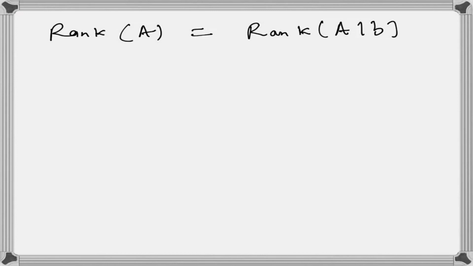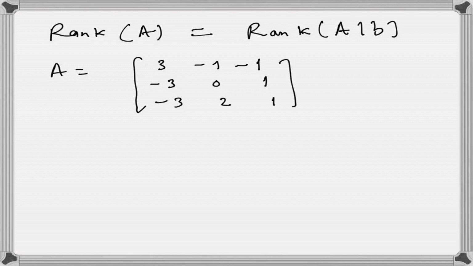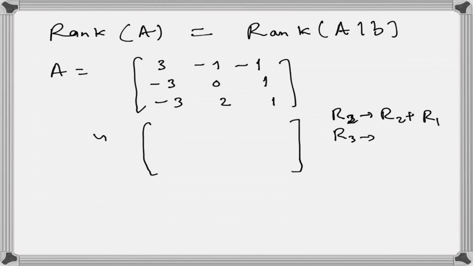Alright, so let's try to find the rank of A. So we have A, which is given by 3 minus 1 minus 1, minus 3 0 1, minus 3 2 1. Then we just apply the row transformations, R2 is R2 plus R1, and R3 is R3 plus R1.